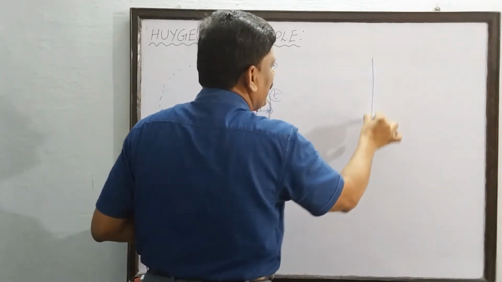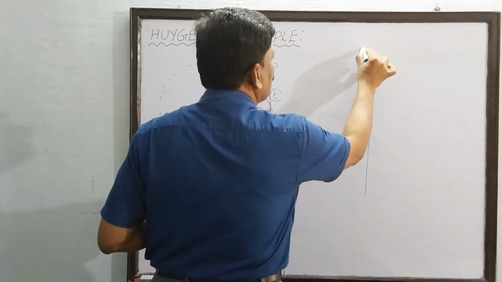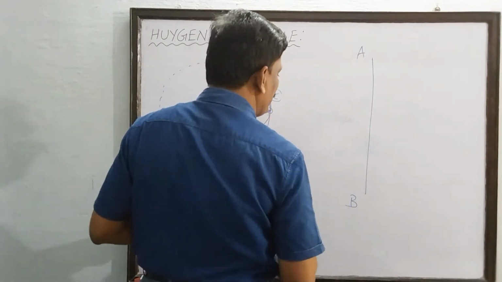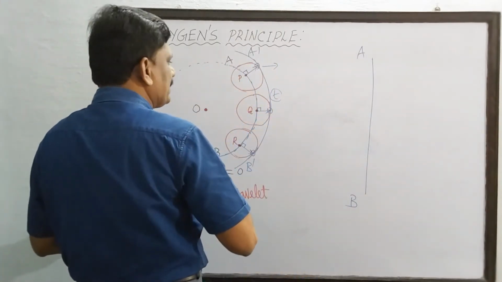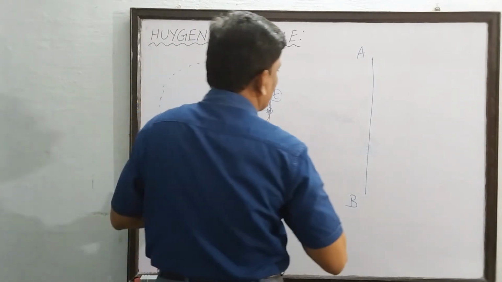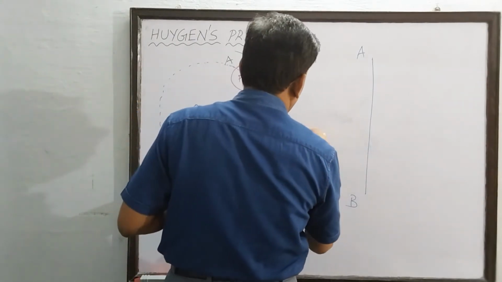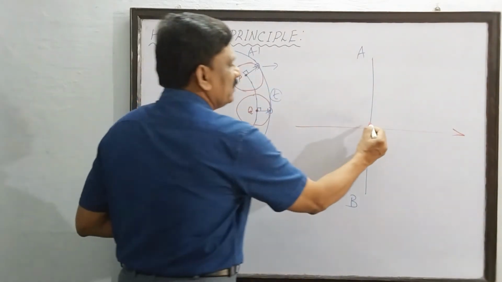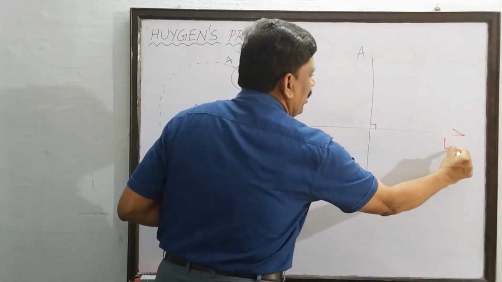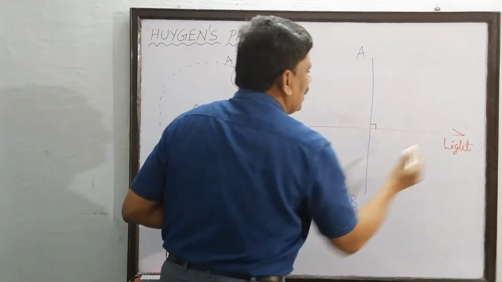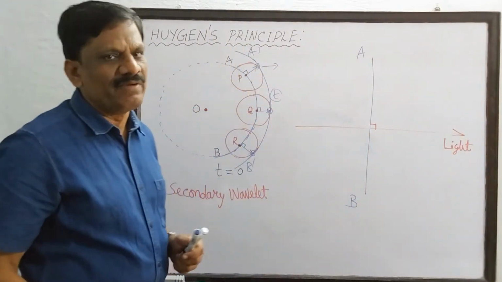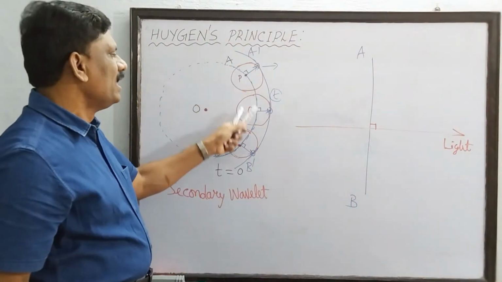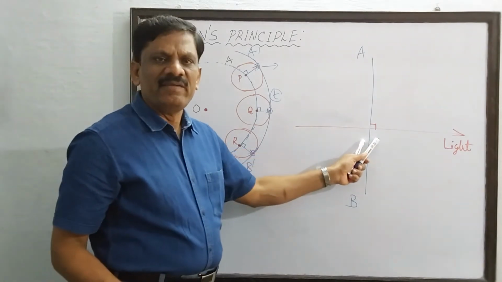I will consider a plane wavefront like this. This is a plane wavefront which is named AB, and this is the direction of propagation. The direction of propagation of light is always perpendicular to the given wavefront, whether it is a spherical or a plane wavefront.